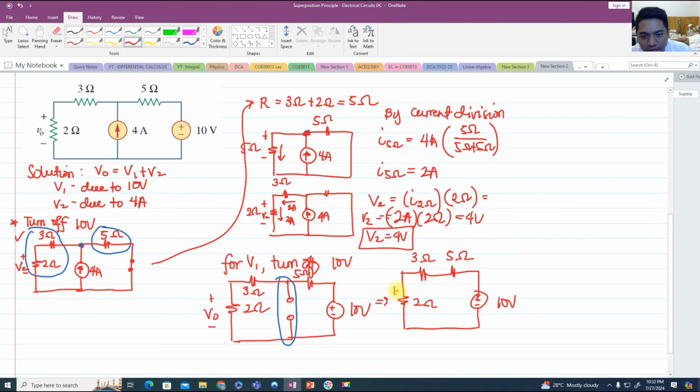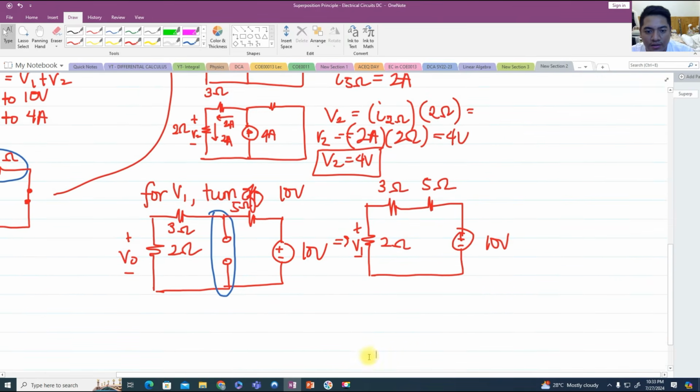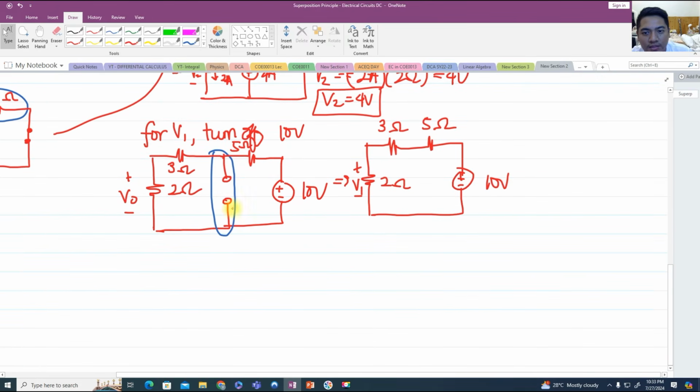And we are asked to find V1 here, because V1 is due to the 10 volts. As you can see here, they are all connected in series, and we have a voltage source. We know the total voltage is 10 volts. So by voltage divider, we have V1 equals 10 volts.